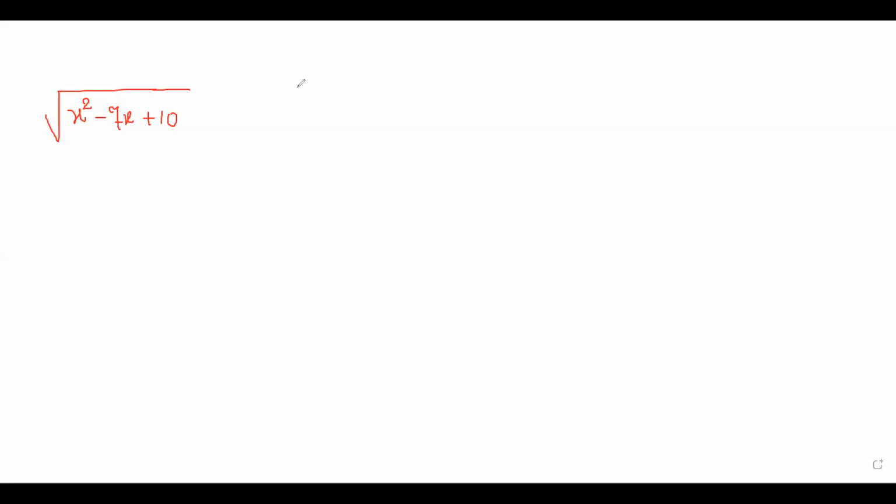Okay, now I solve this and you will check. You will write x square minus 7x plus 10 is greater than equal to 0. Okay, when you factor this, x minus 2 into x minus 5 greater than equal to 0. Now, you will arrange the roots plus 2 and plus 5 on the number line.